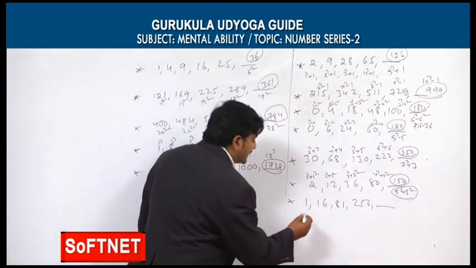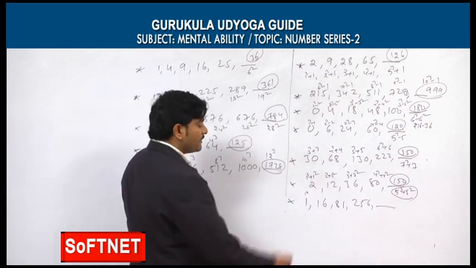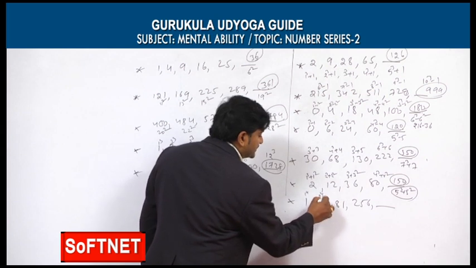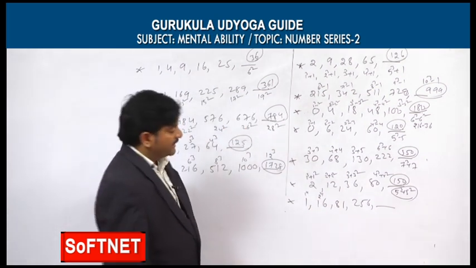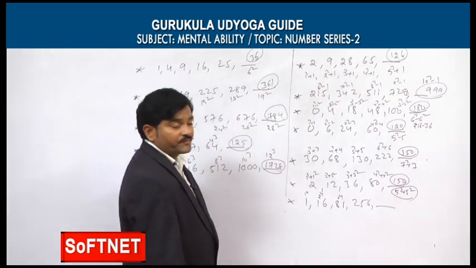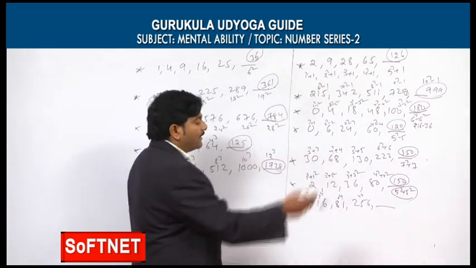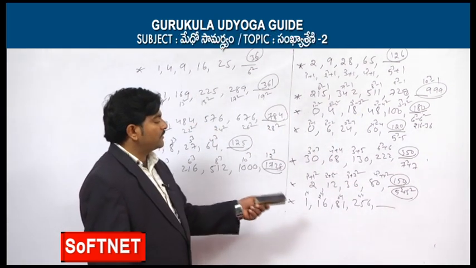So what I mean to say is 1 can be expressed as 1 power 4. 16 can be expressed as 2 power 4. 81 can be expressed as 3 power 4. 256 can be expressed as 4 power 4. Now, what do you have to get next? 1, 2, 3, 4.